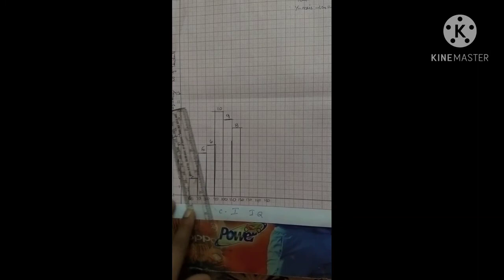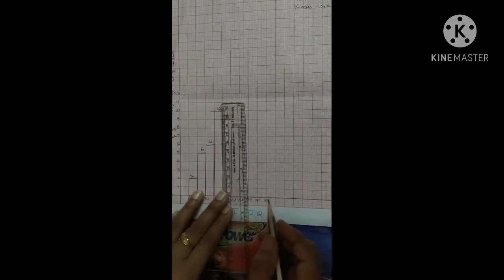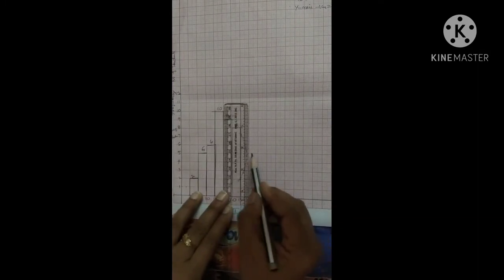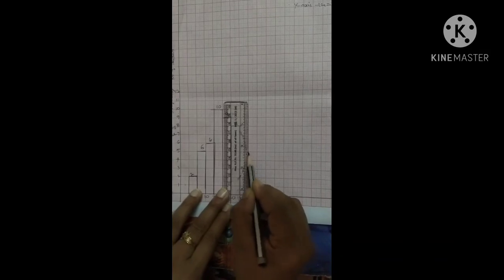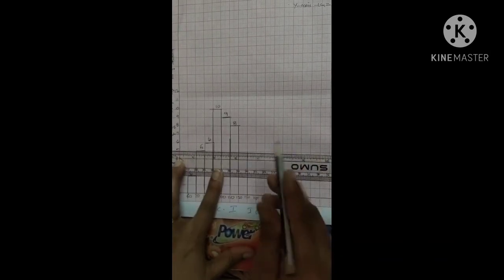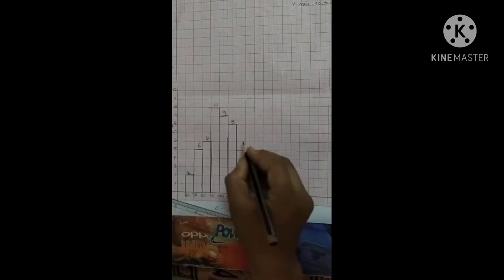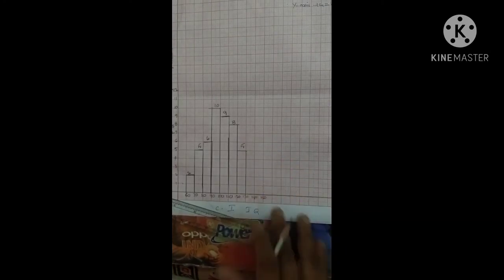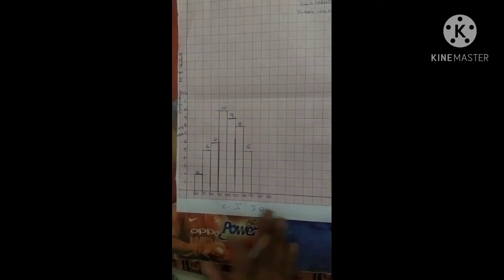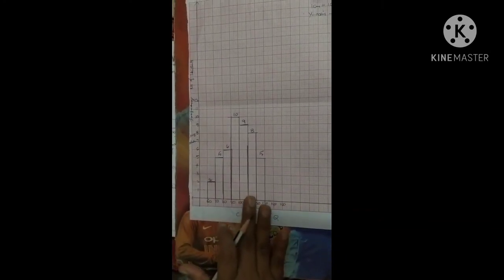Next, 120 to 130: 5. Okay children, it is a histogram diagram.